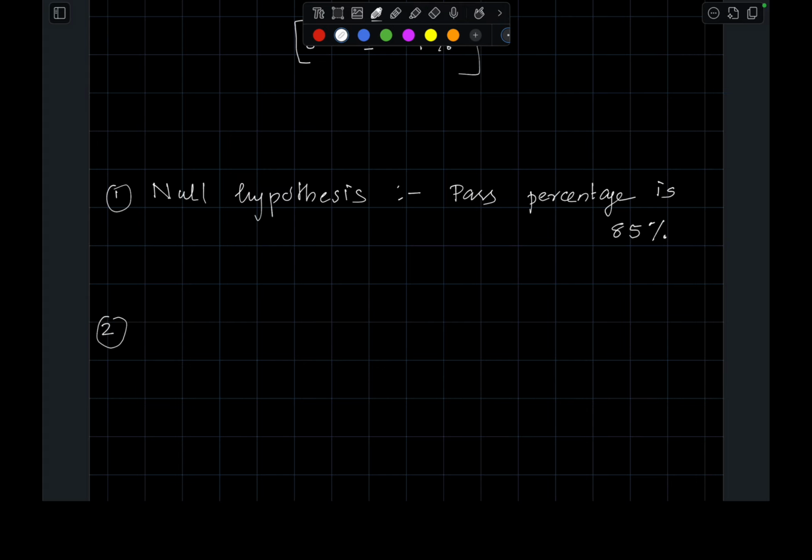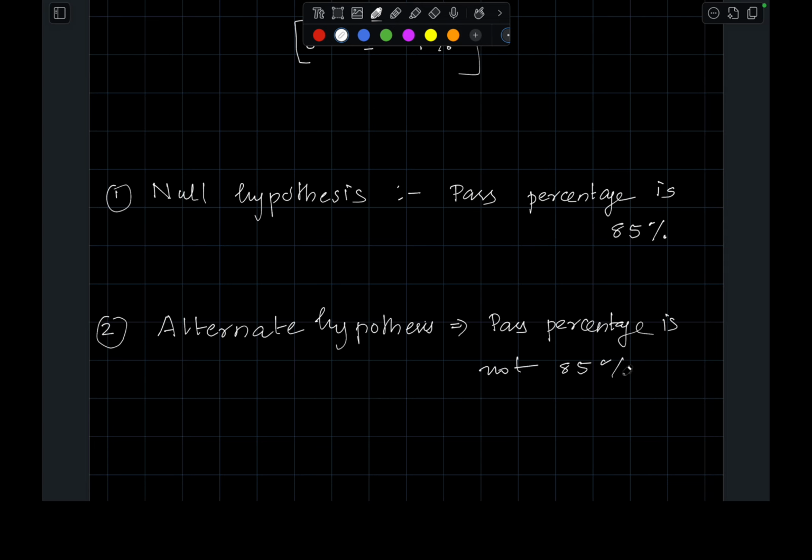So here we saw that the pass percentage is getting changed to 90 when we are adding a new college and we are drawing a new sample from the population. So the alternate hypothesis will say that pass percentage is not 85 percentage. Simple. It's just like that. Whatever belief we are taking as null hypothesis, the opposite will be taken as alternate hypothesis.